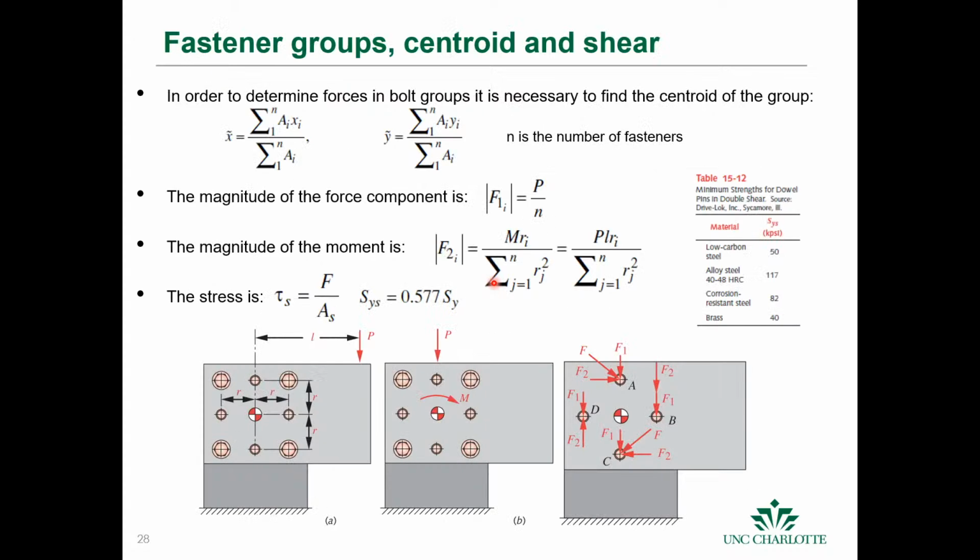Okay, so the last thing we're going to talk about, and also something that shows up on every PE exam that I've heard from other people taking it, it's in the PE book, is how do you find the loads in a fastener? And it may not be super obvious at first. And so the question is, I have a load here, and I have this bolt group here that also has some dowel pins.